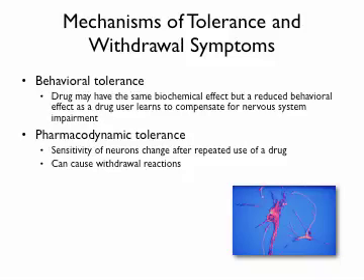Finally, even though we know that it has a physiological mechanism, there's an aspect of behavioral tolerance as well. The drug may not induce those physiological changes at the level of the neuron and at the level of the liver, but it may have a reduced behavioral effect as drug users learn to compensate for whatever impairment the drug may impose on the nervous system.